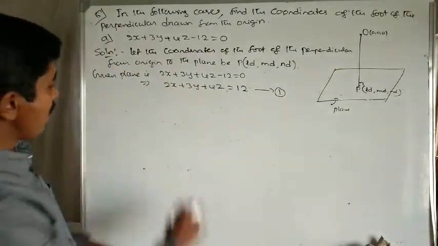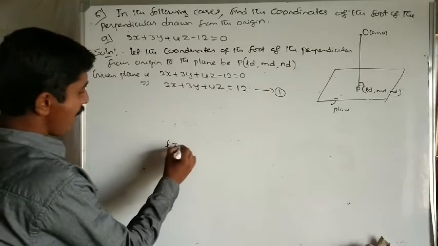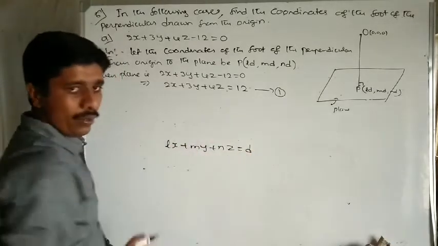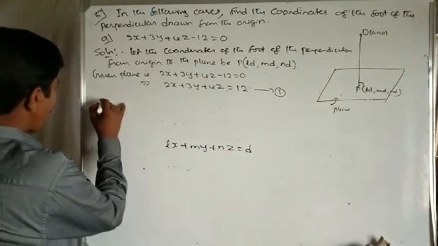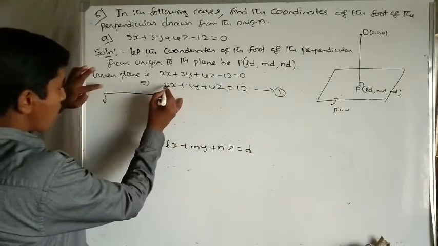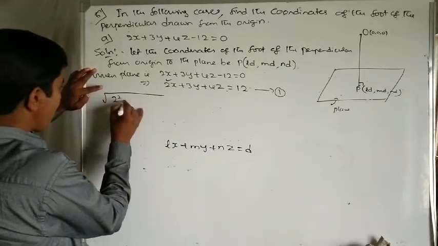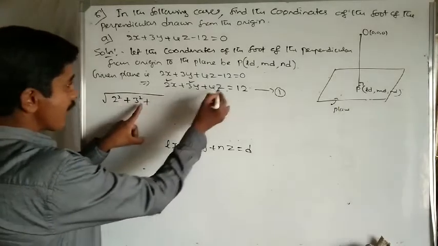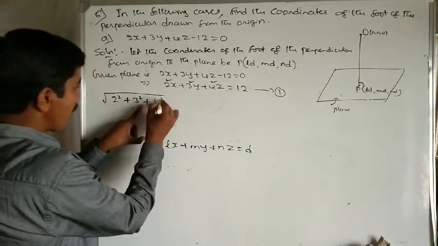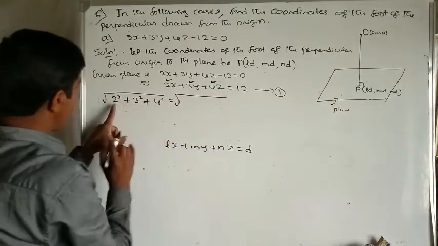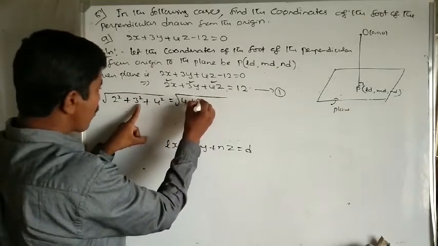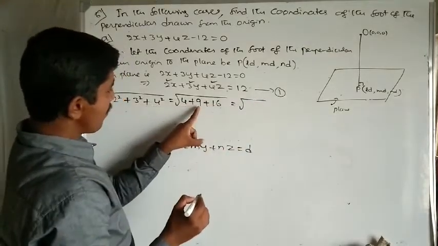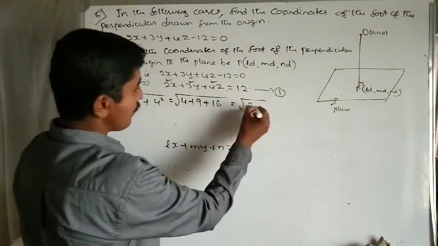I am going to first express it in the form lx plus my plus nz is equal to D. Therefore, take the square root of x coefficient 2 squared plus y coefficient 3 squared plus z coefficient 4 squared, which is the square root of 4 plus 9 plus 16, which is the square root of 29.